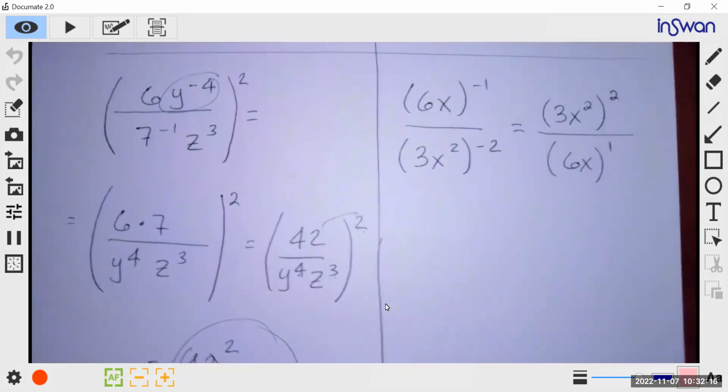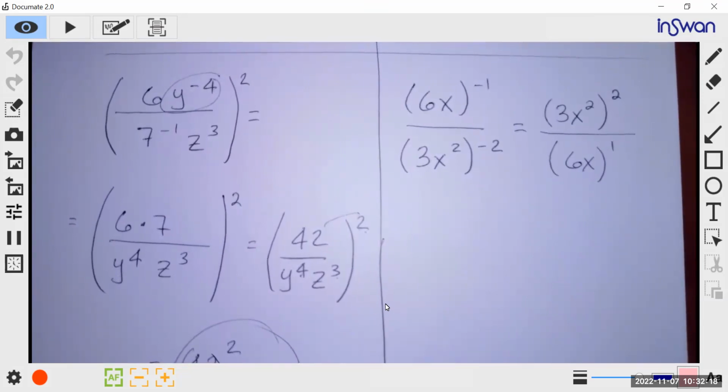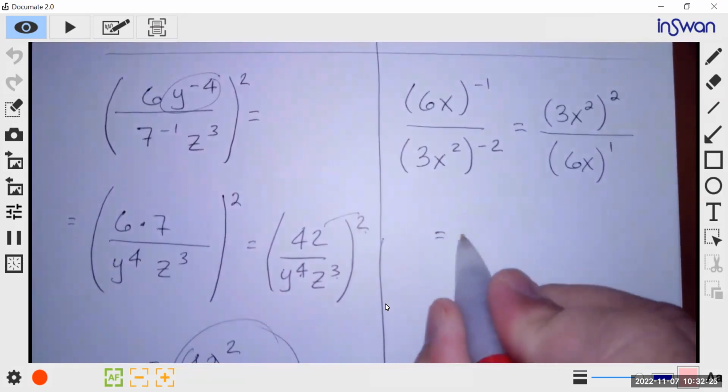Get rid of the negative exponents on the parentheses. Flip those. What happens on top?